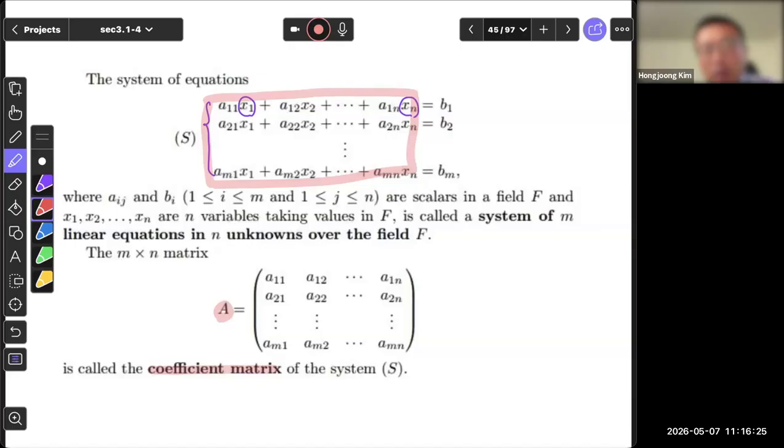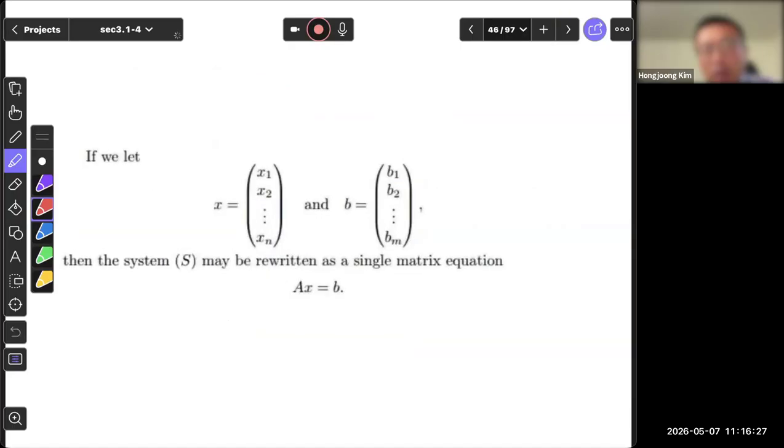If I use B to denote the entries on the right hand side, and X to denote the unknowns, then A times X will be the expressions on the left hand side.